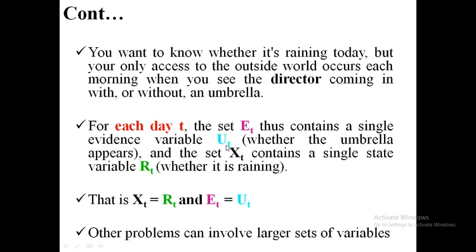Whenever there is no U, there is no rain. So my X is the rain, my evidence is the umbrella, at a particular time. I repeat, time is very important.